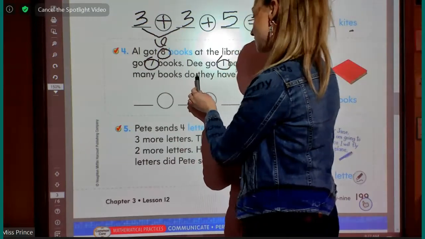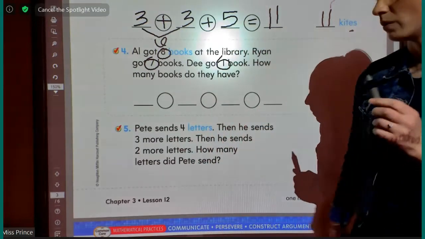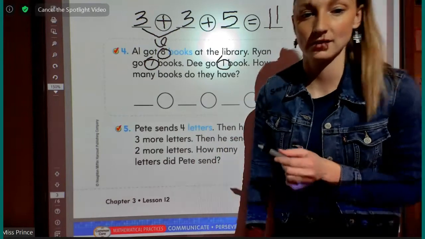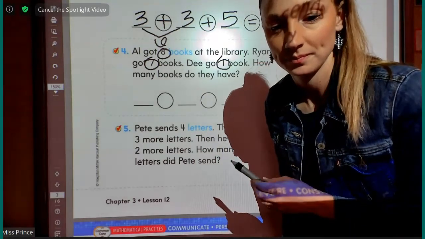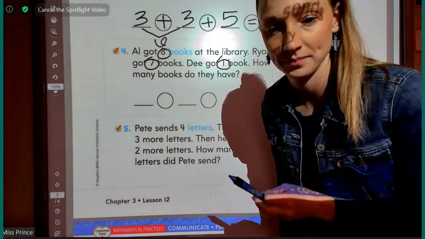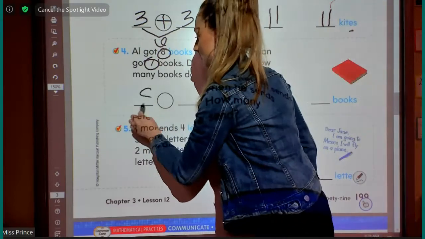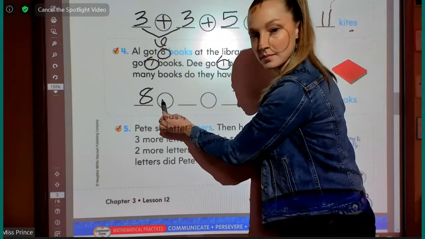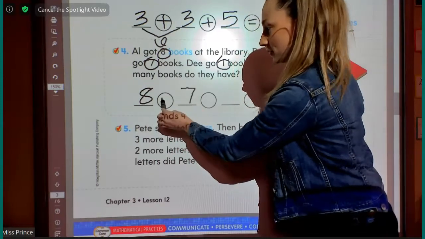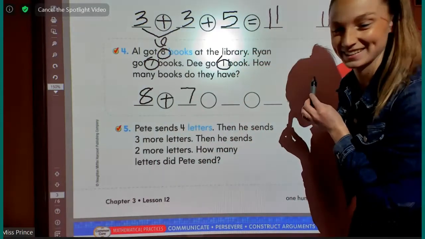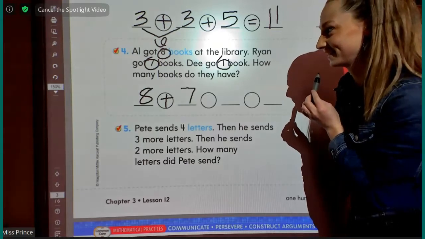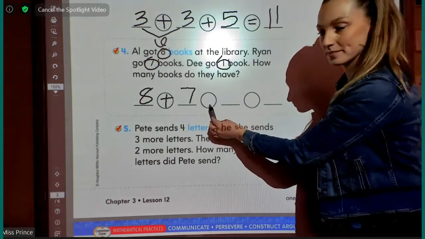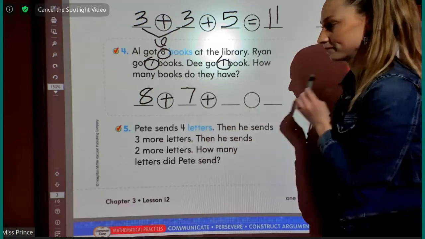How many books do they have? What is my first number that I write? 8. 7 plus 1.